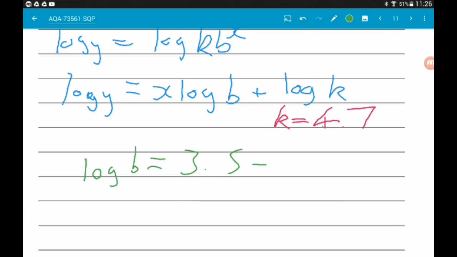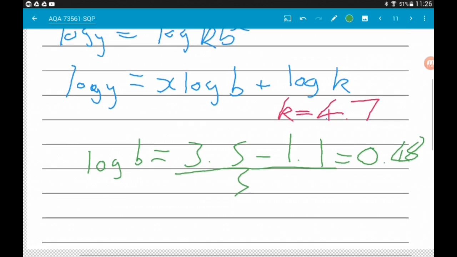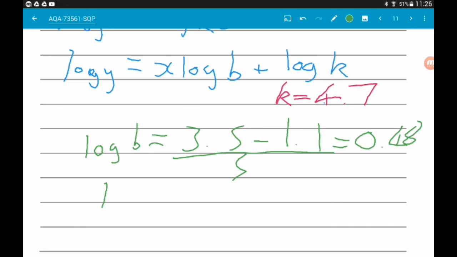So we got 3.5 minus 1.1 over the difference in x. 6 take 1 is 5. So if you put that into a calculator, you will get 0.48. So now we know log b is 0.48.